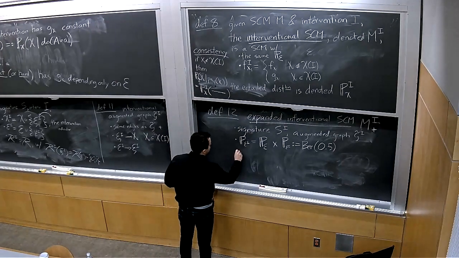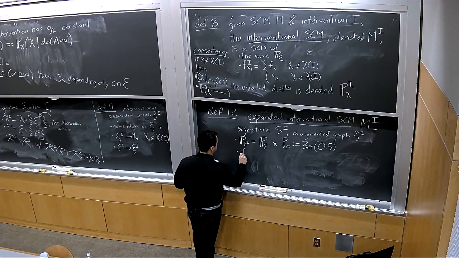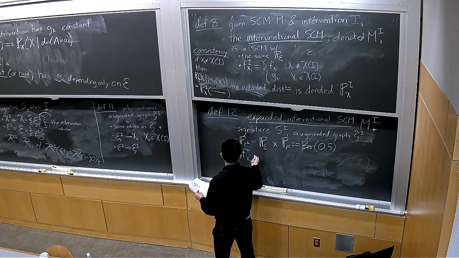The part that really matters is that I'm going to have these interventional distributions, or these causal mechanisms, in this new model. So what are they going to be?